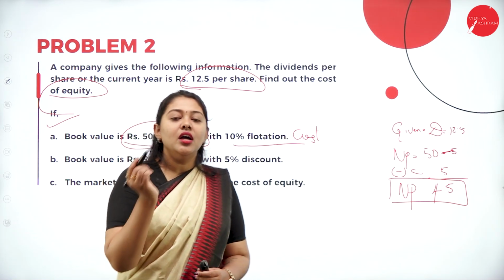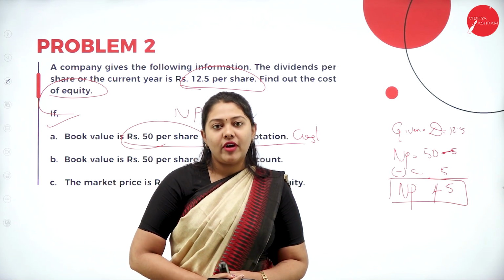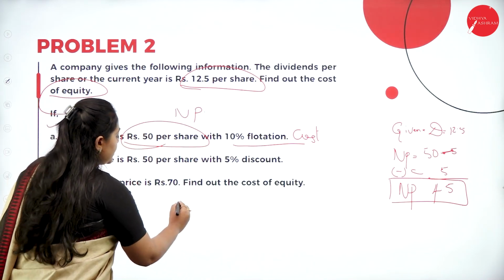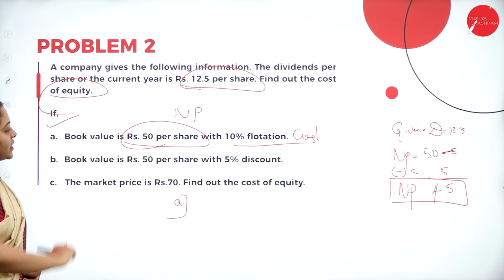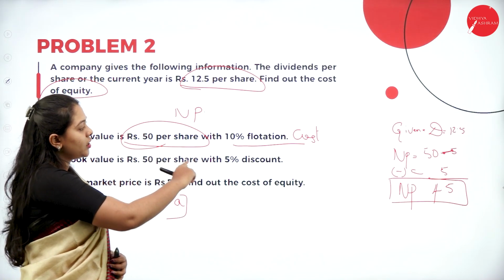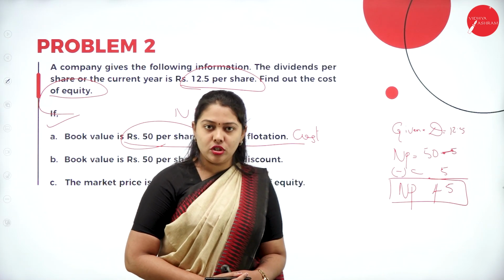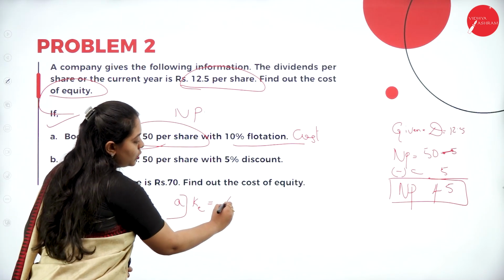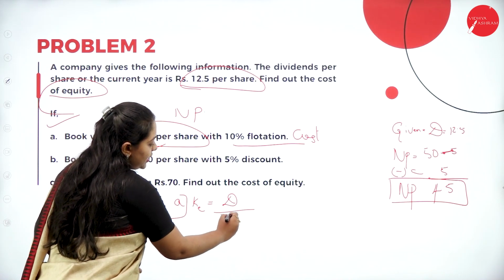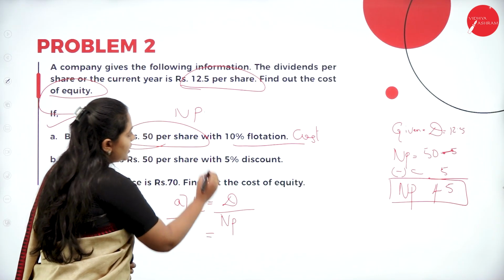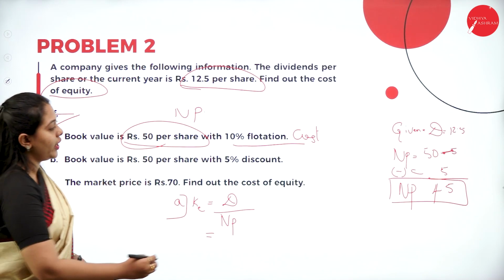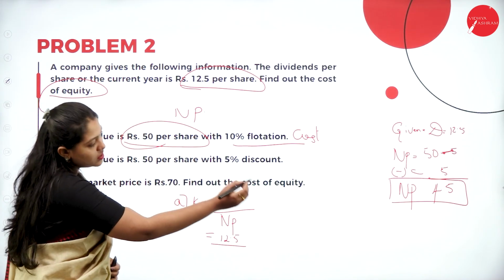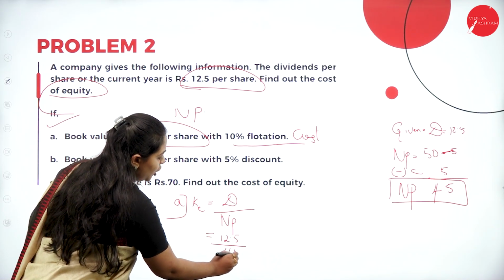So let us put the values to the formula and find out the cost of equity. What is the first case? Book value is 50 per share with 10% flotation cost. What is the formula? Cost of equity is equal to dividend divided by net proceeds. Dividend is 12.5 per share divided by the net proceeds that we have calculated, 45.